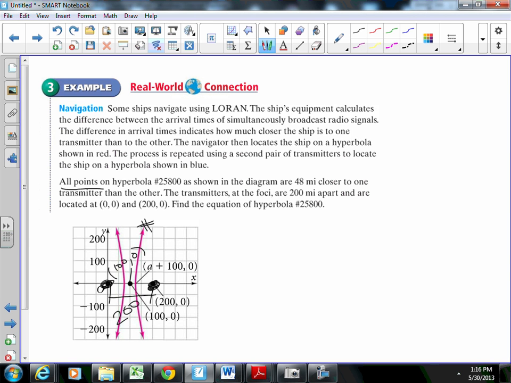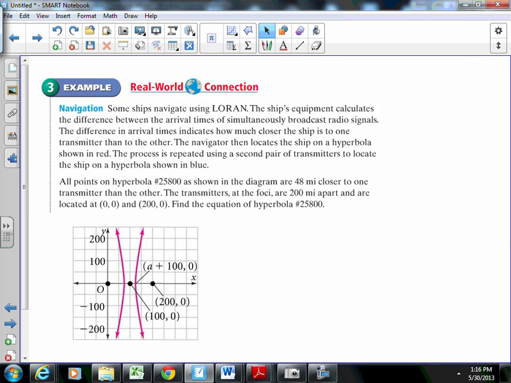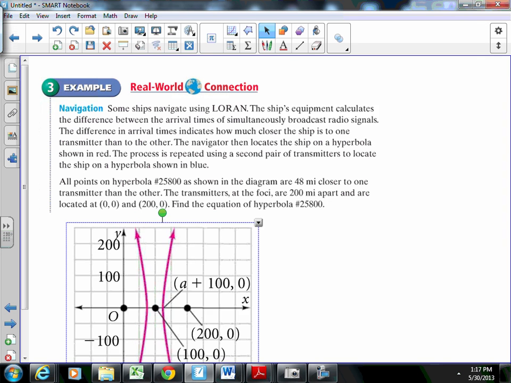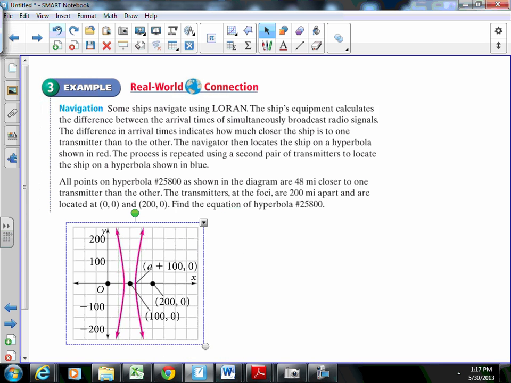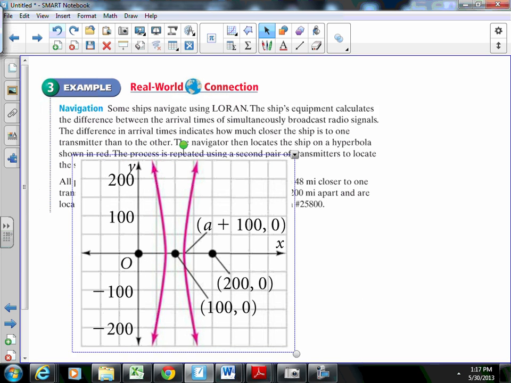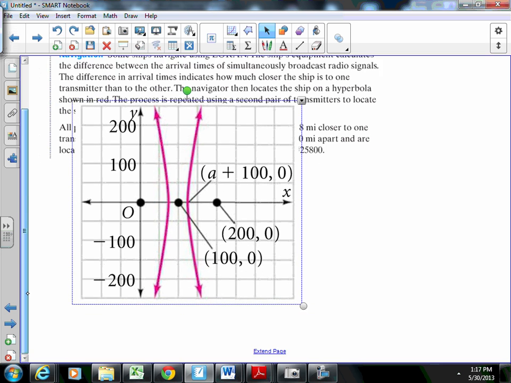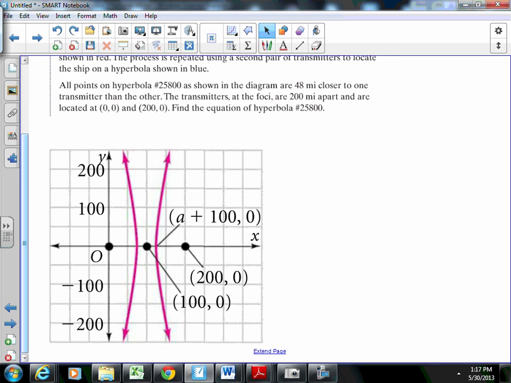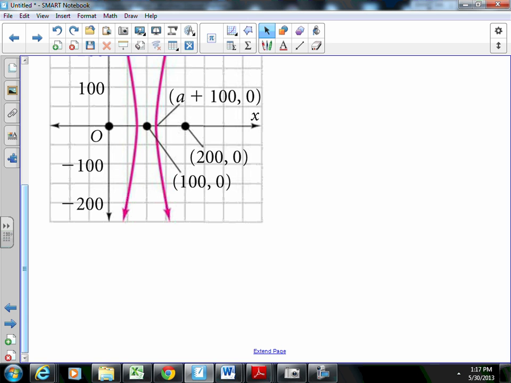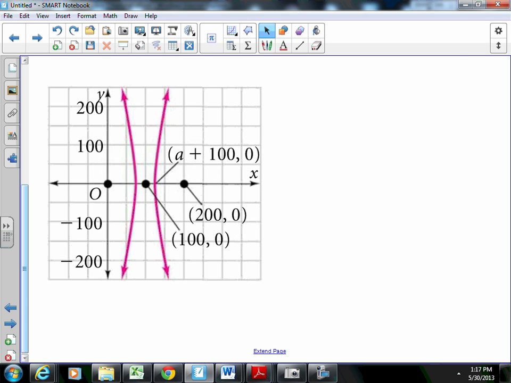We're basically asked to find the equation of the hyperbola. Okay, I'm going to enlarge this image for a second, and I'll put a picture of a hyperbola next to it just so that we know what we're talking about here.